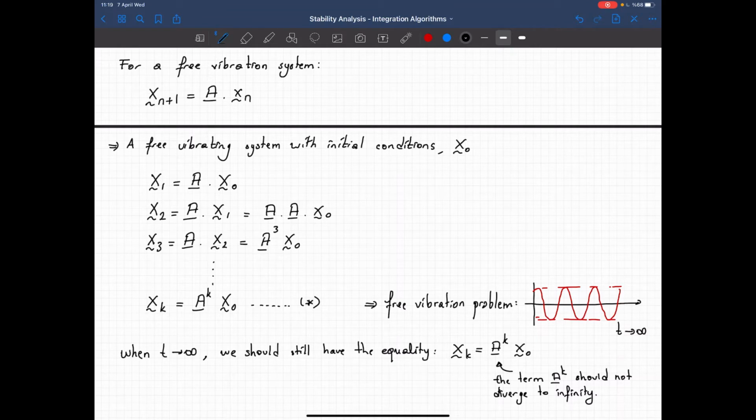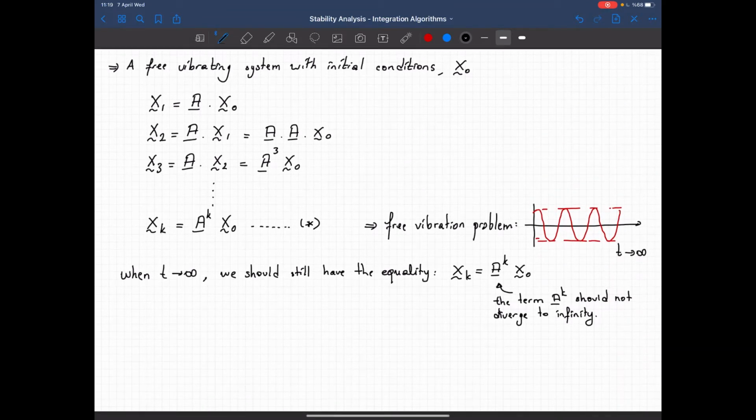So how can I express this requirement as an equation? So this condition is possible if and only if the limit as k goes to infinity of A to the power k must be equal to 0.